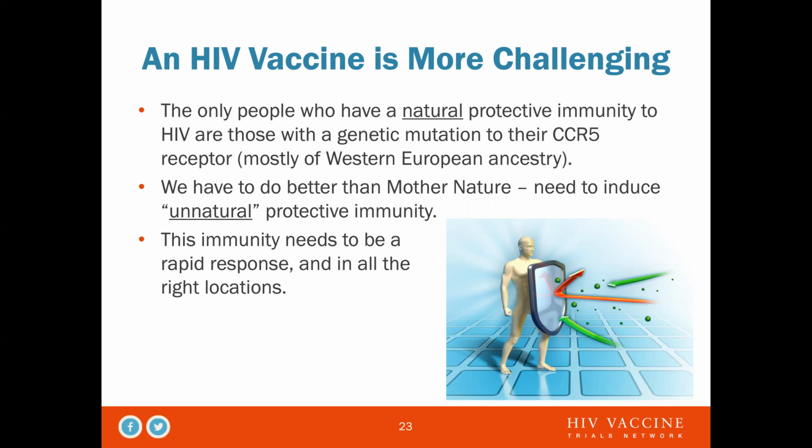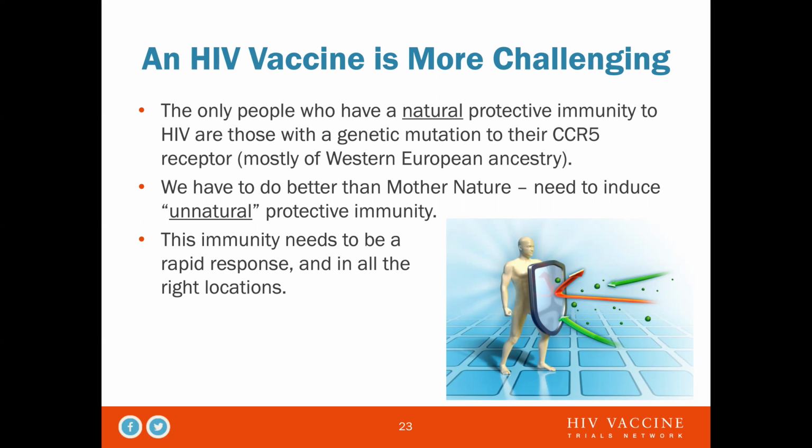For those who have the genetic mutation, their CCR5 has changed such that HIV is not able to attach to it. It's like trying to put a key into the wrong lock. It is unable to fit, and therefore it cannot infect the cell.